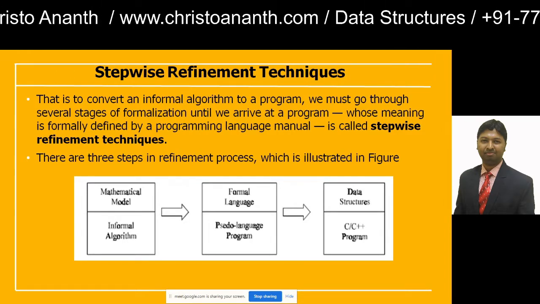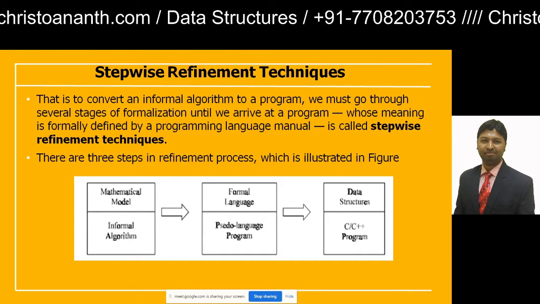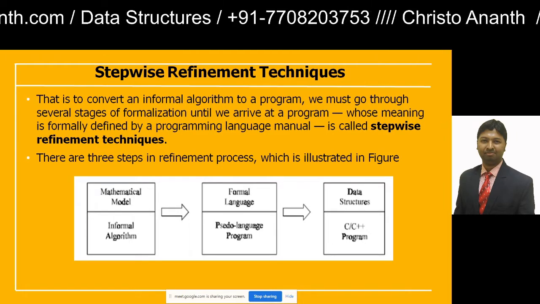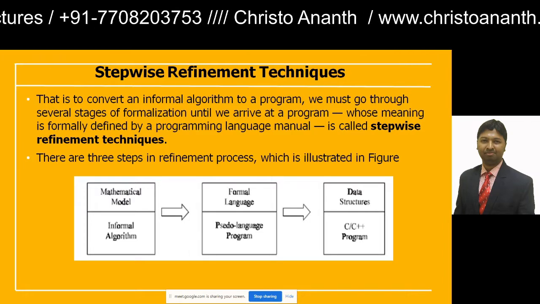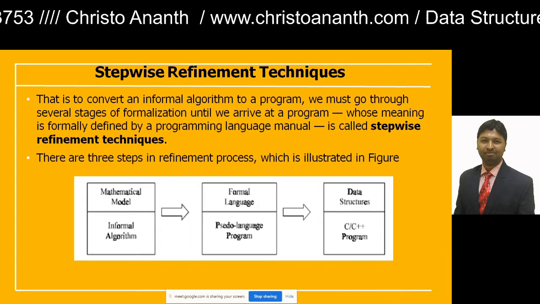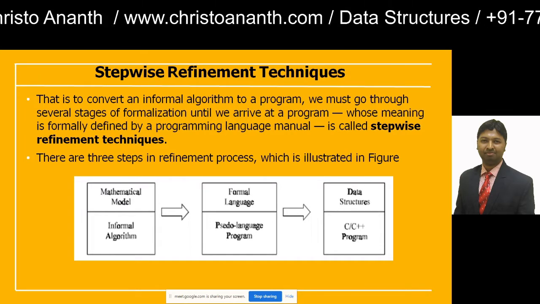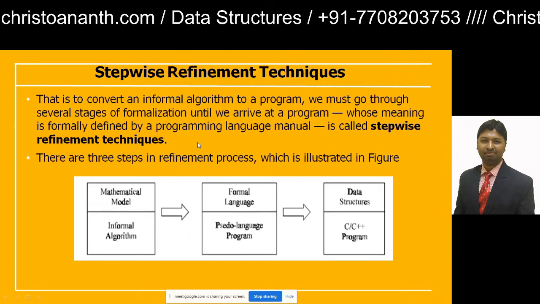From the mathematical model and informal algorithm, you convert into a formal language, which is a pseudo language program, and from there you convert to data structures, C programming or C++ programming. So we have several steps in order to arrive at a final conclusion.